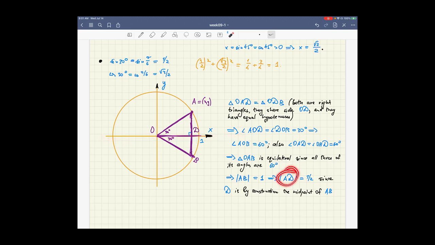But of course, AD is the y-coordinate of point A.